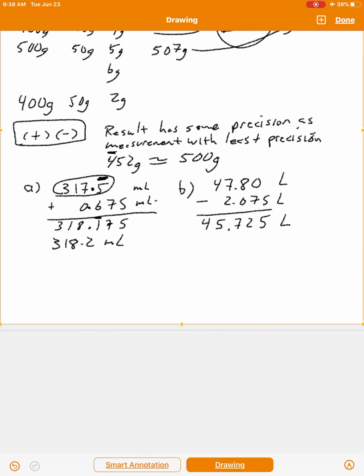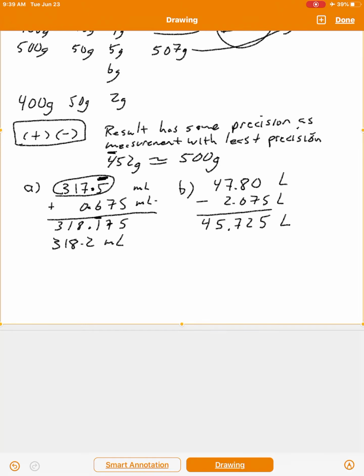Liters. Remember, measurements have a number and a unit. So this is a measurement. So we wouldn't say the answer is 45.72. We would say it's 45.72 liters. You have to put the unit in your answer.